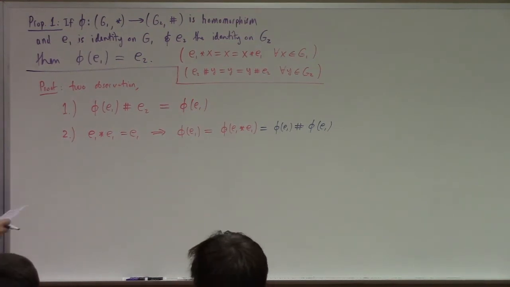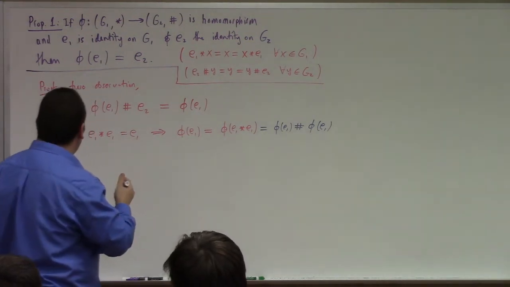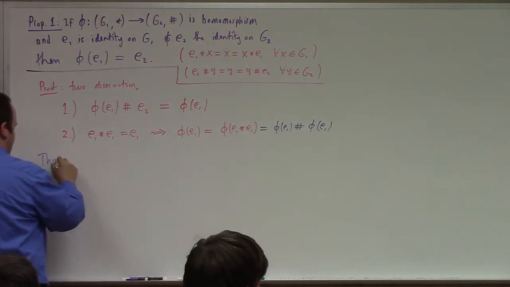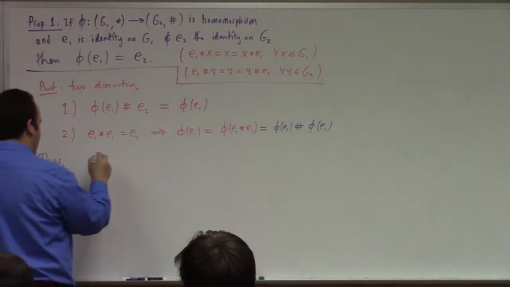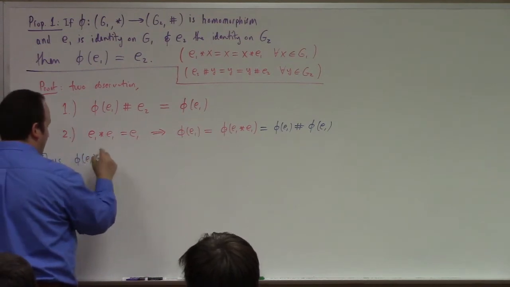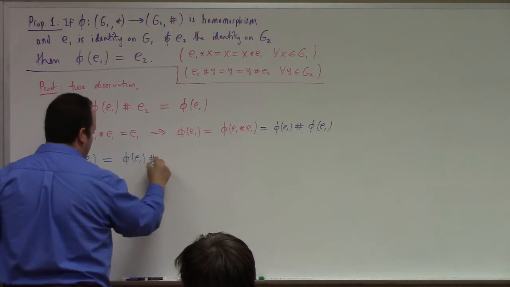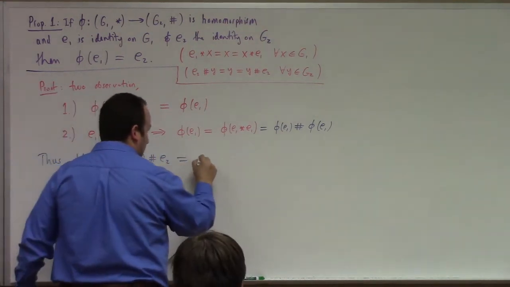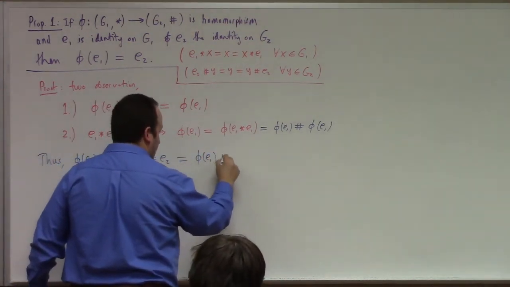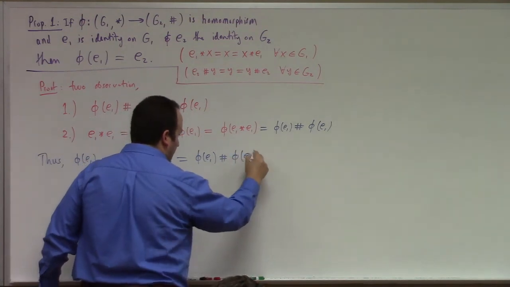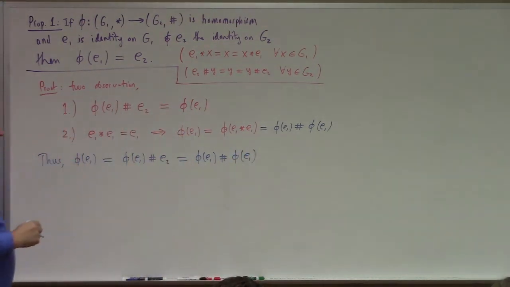Let's see here. So we have phi of E1, right? It's equal to what? It's phi of E1 sharp E2, but it's also equal to phi of E1 sharp phi of E1, right? So by the cancellation law, what do we get?